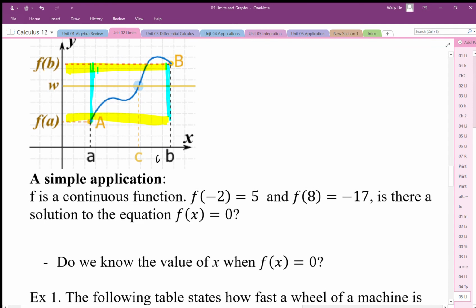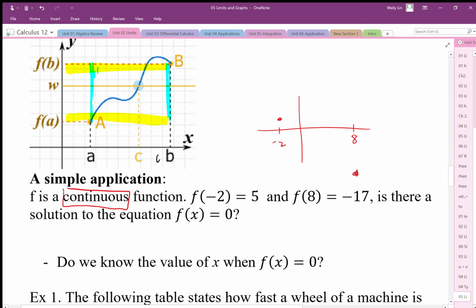Okay, we sometimes find zeros using this process, or confirm that there must be a zero. So if f is a continuous function, and again, that's a very important condition, because if it breaks that condition, we cannot apply this intermediate value theorem. So I'm just going to sketch this out. f of negative 2 is here at 5. f of 8, way out here, is at negative 17, way down here.